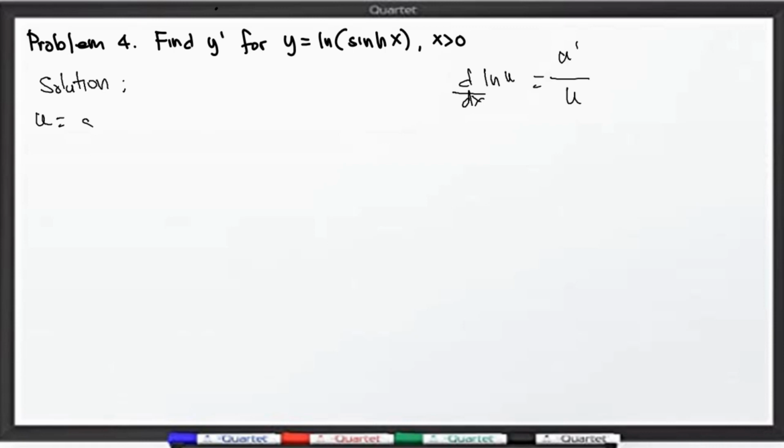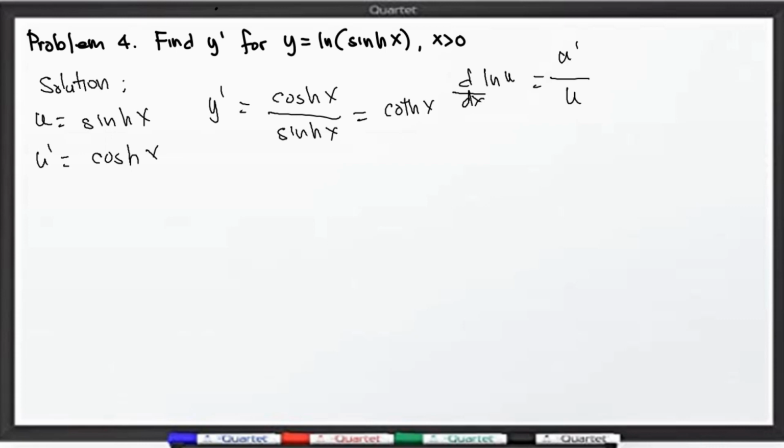U is equal to sinh x, and then u prime will be equal to cosh x. Okay, and then we say y prime is equal to u prime, which is cosh x over sinh x, and that will be equal to coth x. Therefore, y prime is equal to coth x, and that will be our final answer.